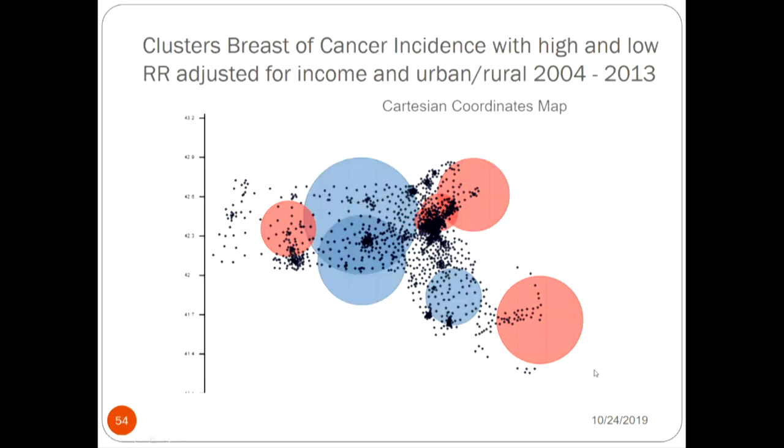Now, this map shows high and low rates. In most situations, we only want to test the high incidence rate. We also want to know where those lower incidence areas are. For example, in some areas, if most of the people have a regular annual physical exam or have the mammogram, they may have a lower breast cancer incidence rate.